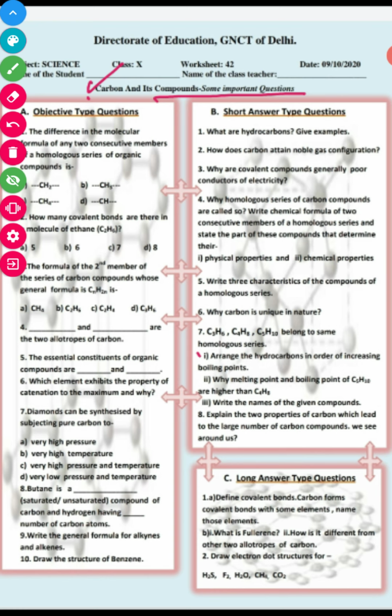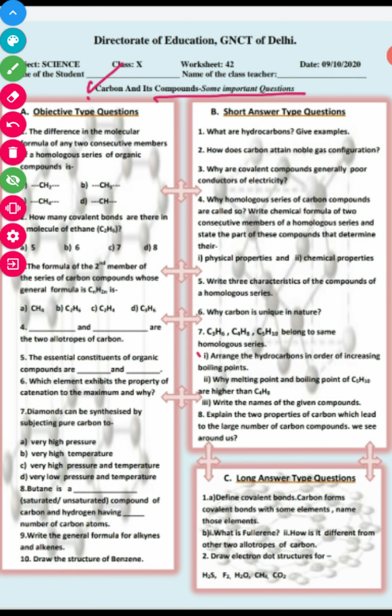Next question, we have B part. What is fullerene and how is it different from the other allotropes of carbon? Fullerene is an allotrope of carbon, and other allotropes of carbon are graphite and diamond, where graphite has a hexagonal array placed in layers one above the other.